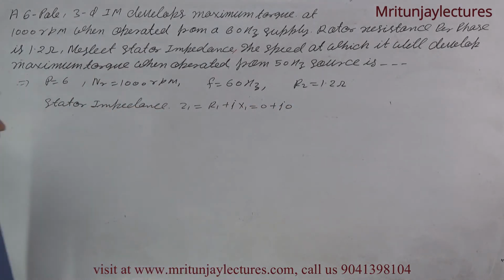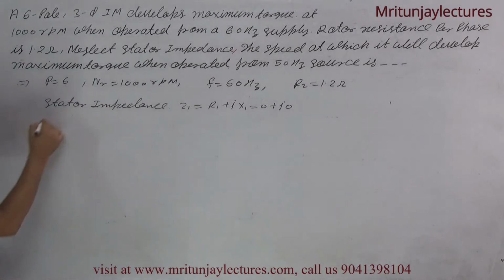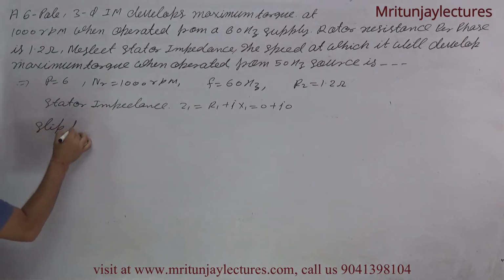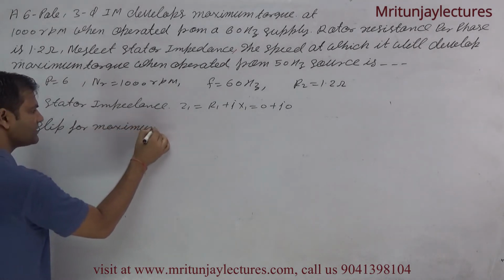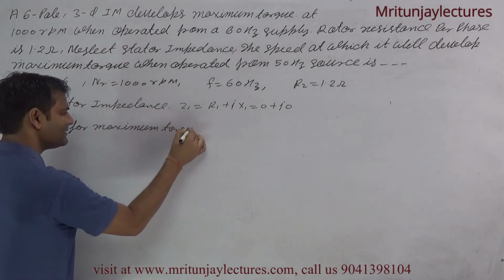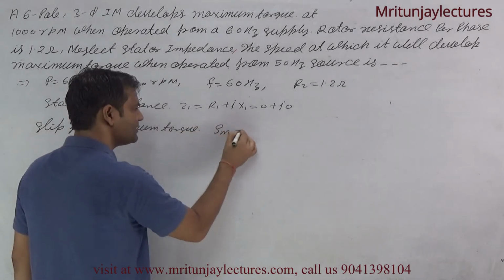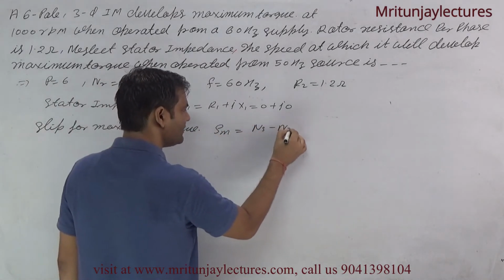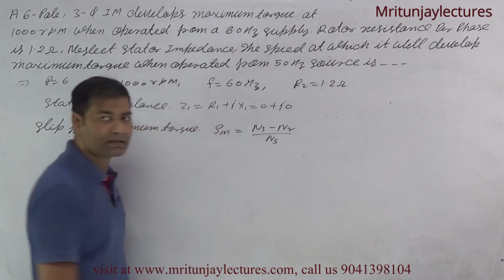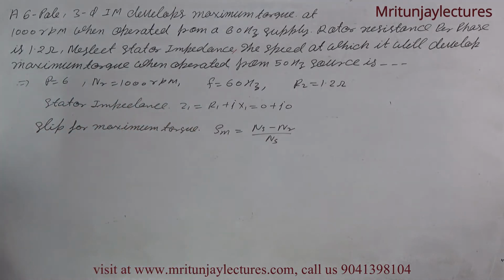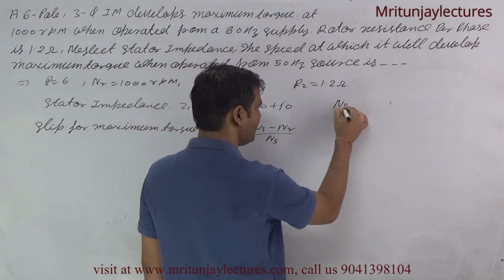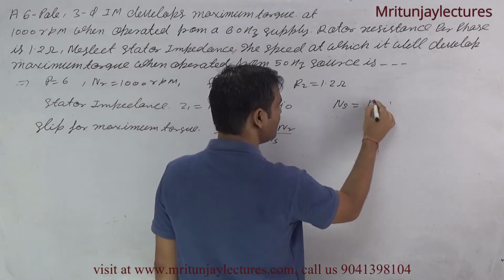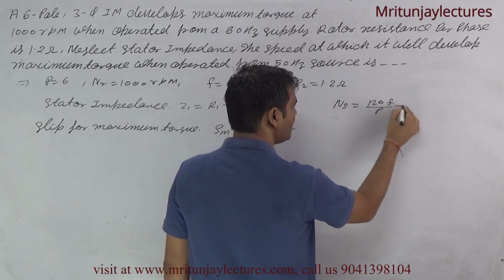First of all, with the help of this, you can say that slip for maximum torque Sm is equal to Ns minus Nr divided by Ns.